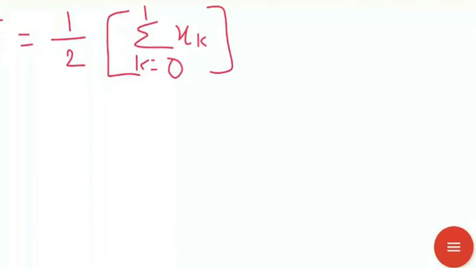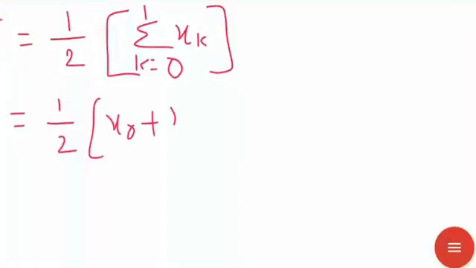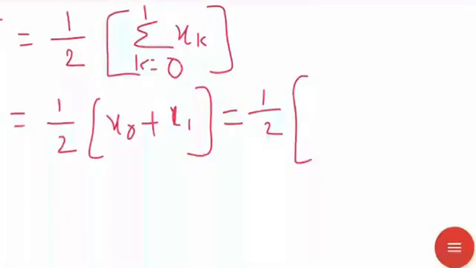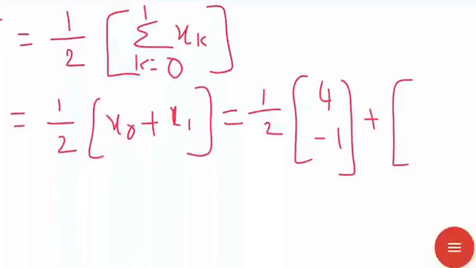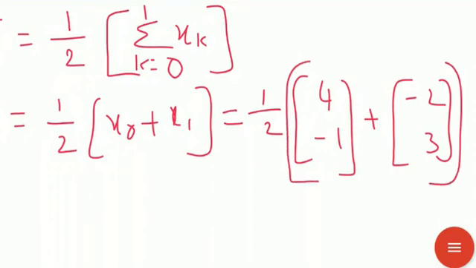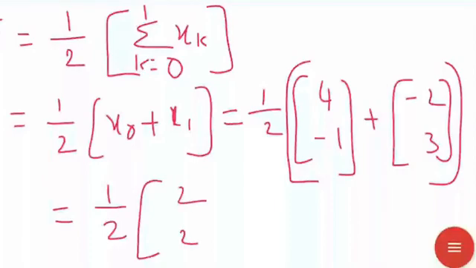That is also equal to 1 by 2 (x0 plus x1), 1 by 2 of [4, -1] plus [-2, 3]. Now the resultant one is nothing but [1, 1].